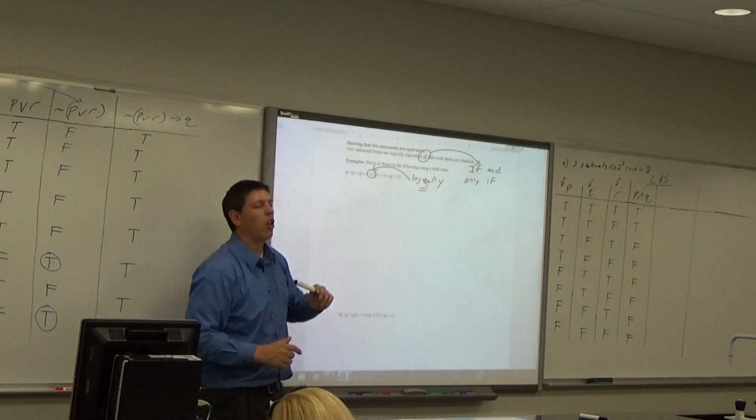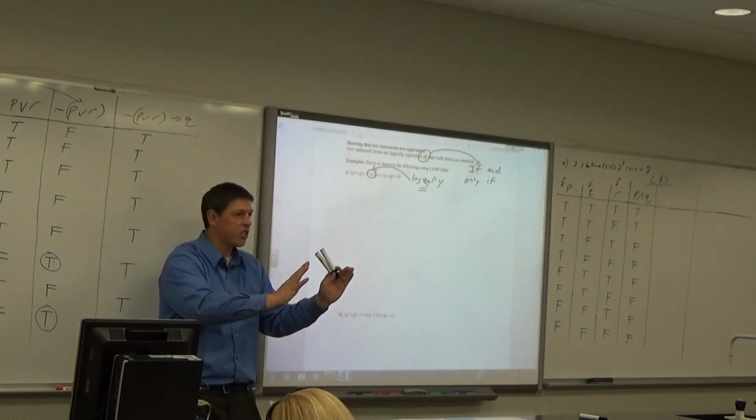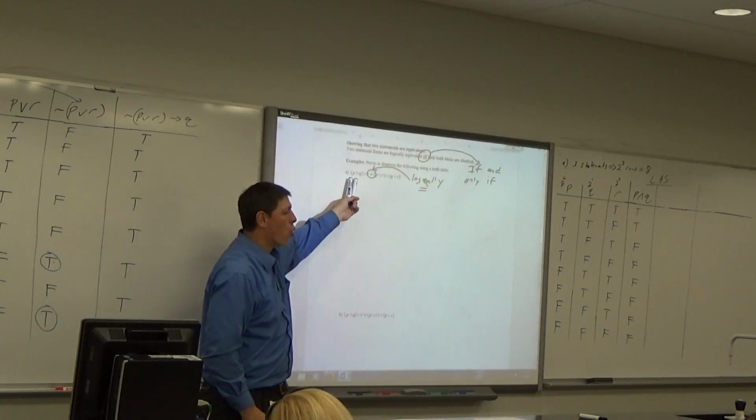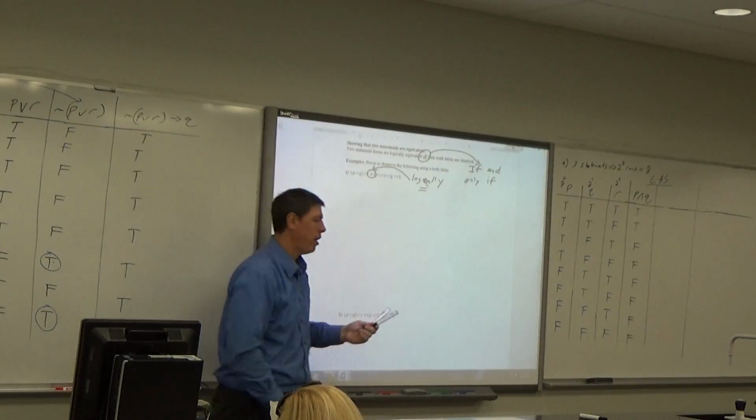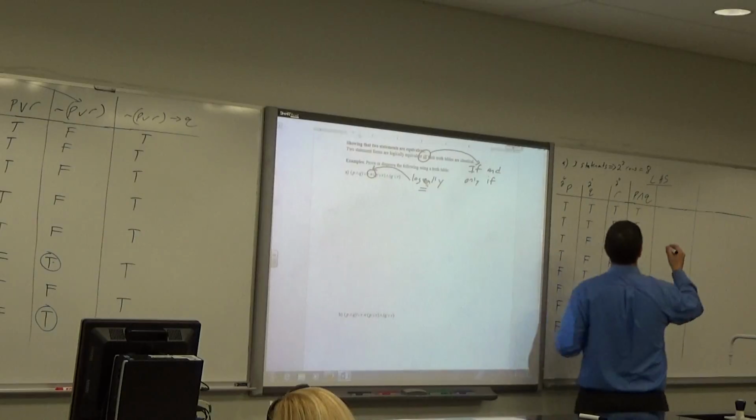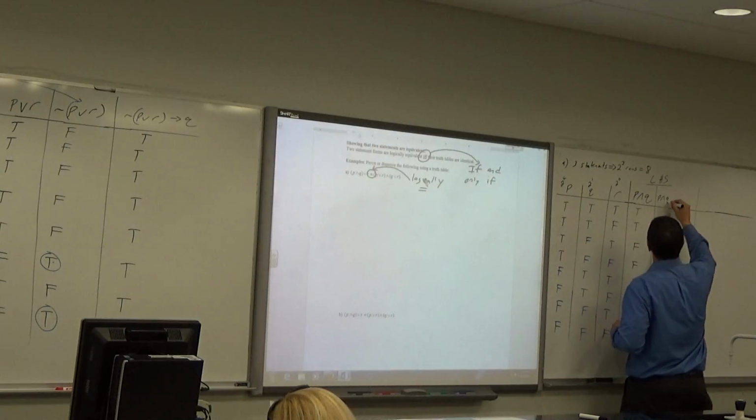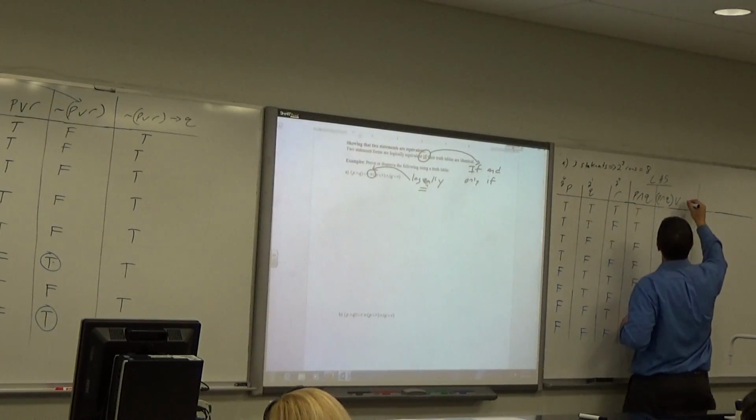My next column, if I'm looking at the left-hand side, should just be P and Q or R. Okay? So this is going to be P and Q or R.